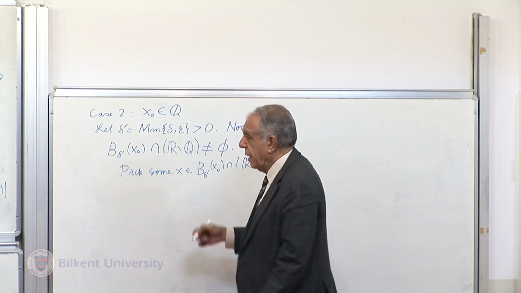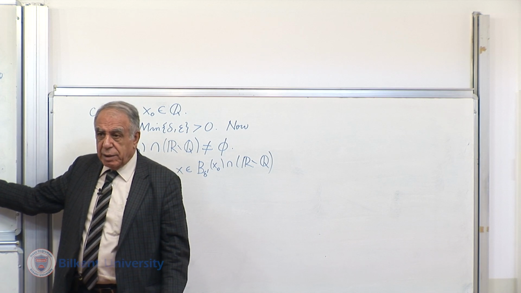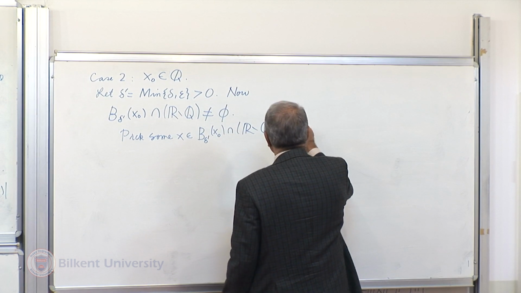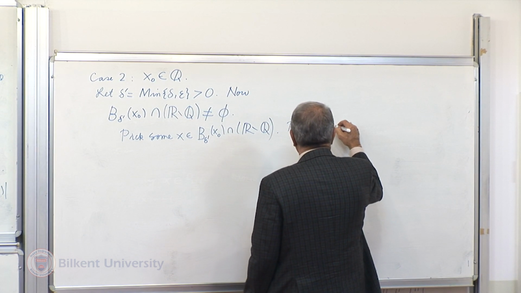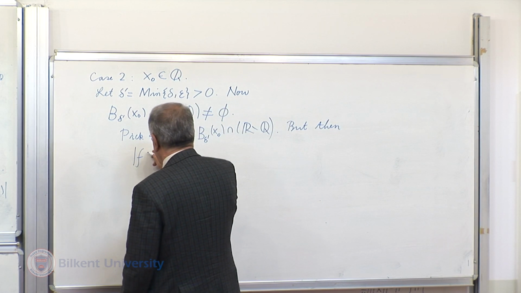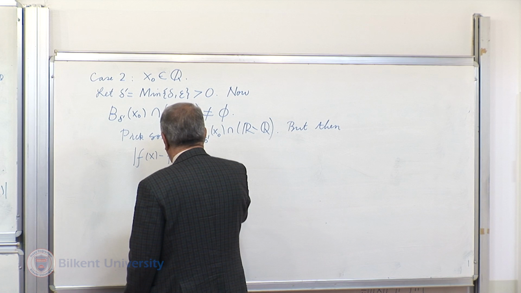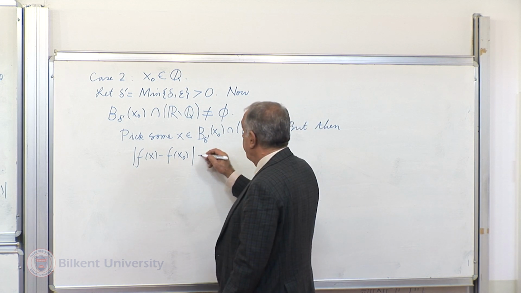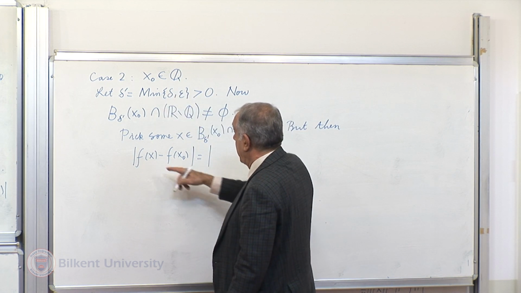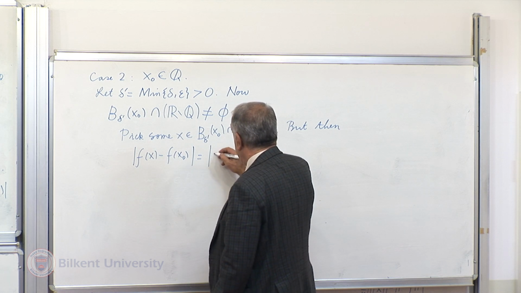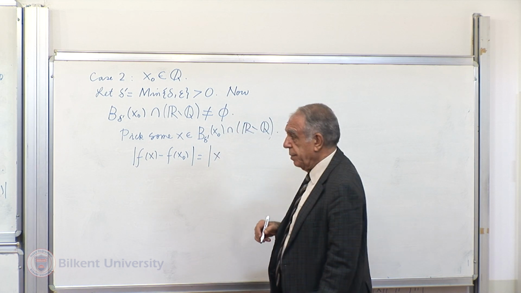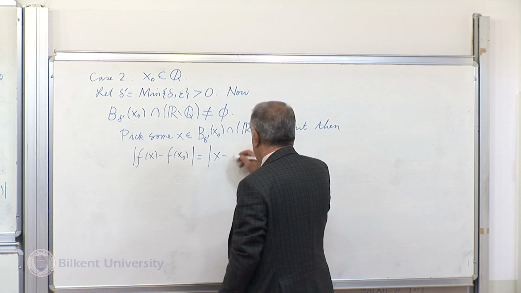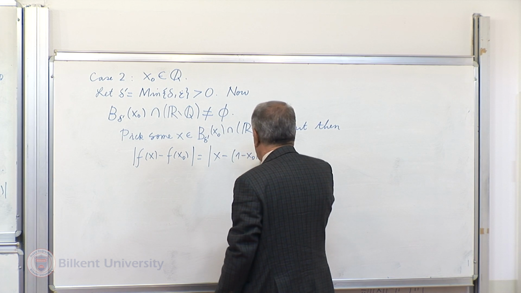Now here I have chosen delta prime such that this is automatically satisfied. But then, again, let's consider f of x minus f of x naught. Here, since x is in R minus Q, f of x is x. And since x naught is in Q, this time this is 1 minus x naught.